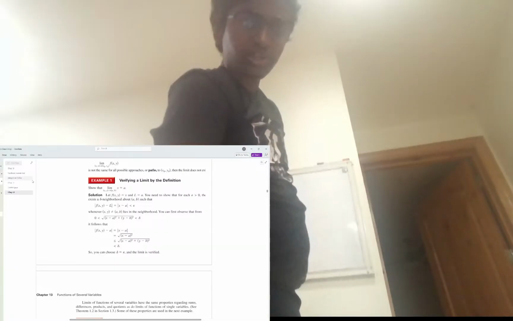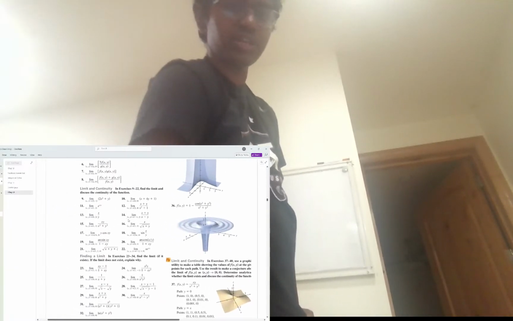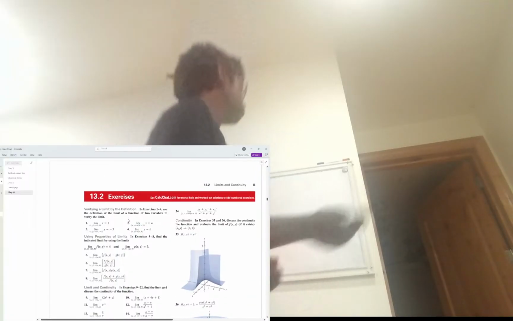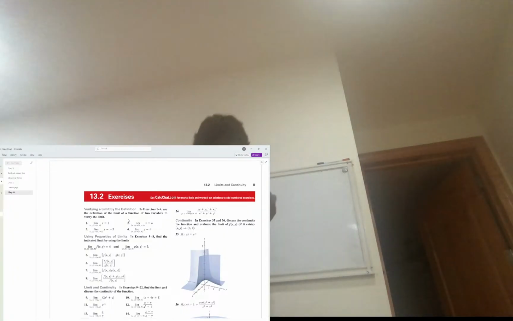Yo, I still don't get this. When does this not work? I want to see an example where they try to verify the limit and it just doesn't work, because it feels like you could do this for anything, but okay. So we just need to say f of x, y minus L is equal to x minus a, which is less than epsilon.